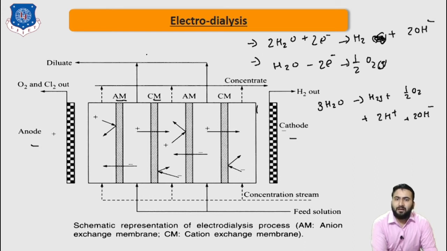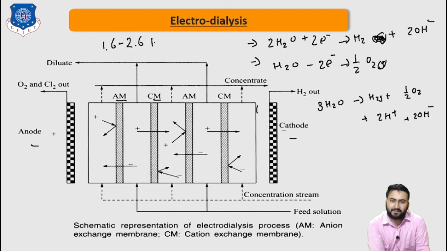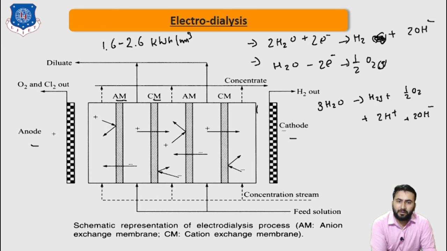In practice, electrodialysis systems operate at 200 to 400 volts, and cation and anion exchange membranes are installed in parallel fashion to form an electrodialysis stack. Each stack contains 100 to 200 cell pairs. Electrical energy consumption in electrodialysis is about 1.6 to 2.6 kilowatt hours per cubic meter, right. So this much energy is required.